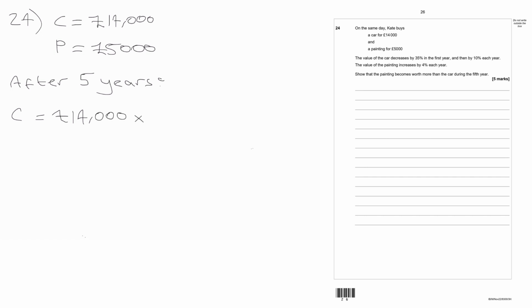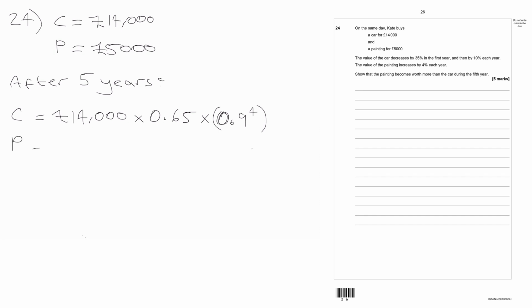Well, it decreases by 35% in the first year. This is the same as multiplying it by 0.65. And then after the first year, it decreases by 10% each year, which is the same as multiplying it by 0.9. I mean, it's 0.9 4 years running, so it's going to be 0.9 to the power of 4.